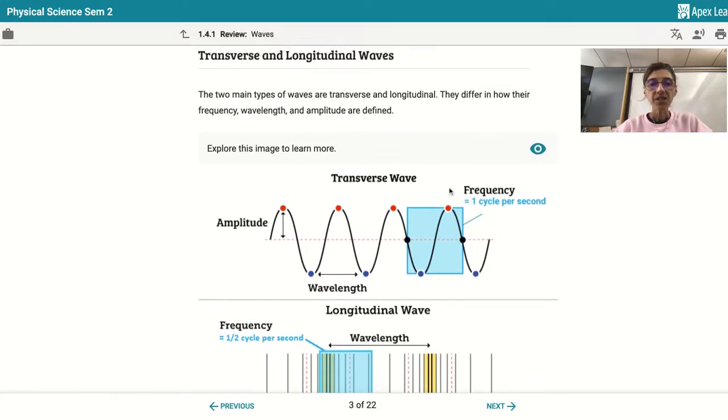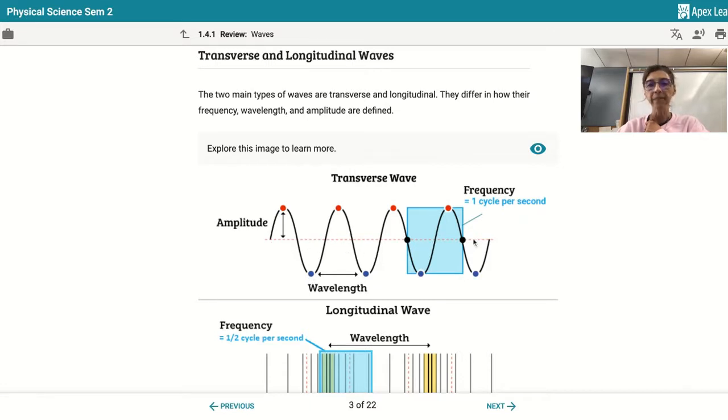By definition, a transverse wave is one where the wave moves perpendicular to the way that the molecules are moving. In other words, if you imagine this as water, the molecules are moving up and down while the wave itself is propagating left and right.